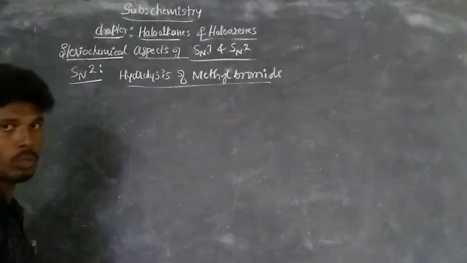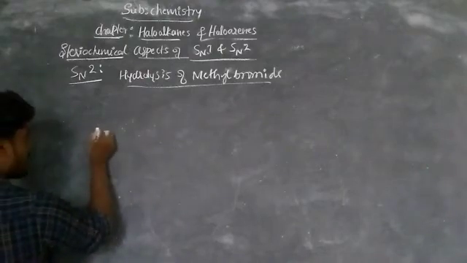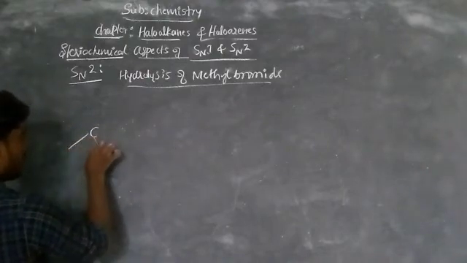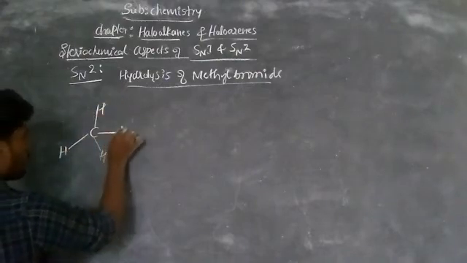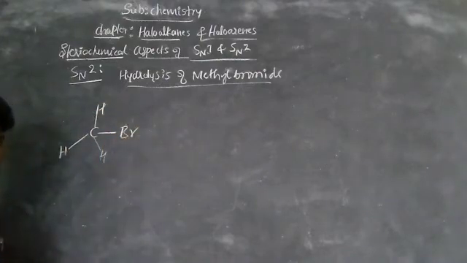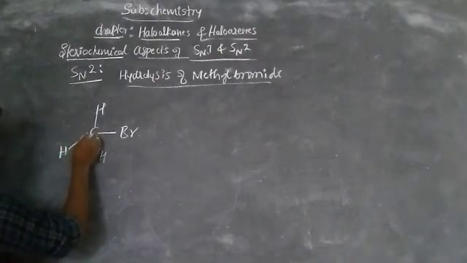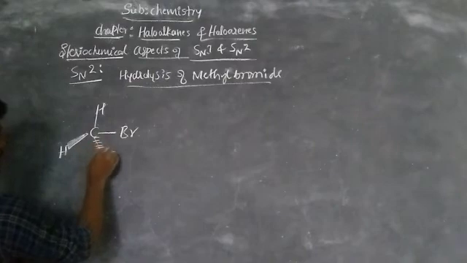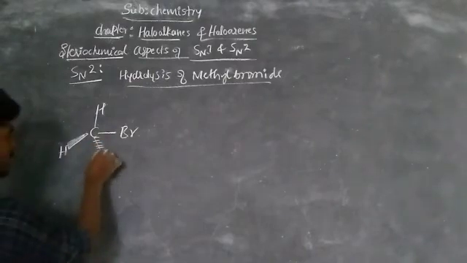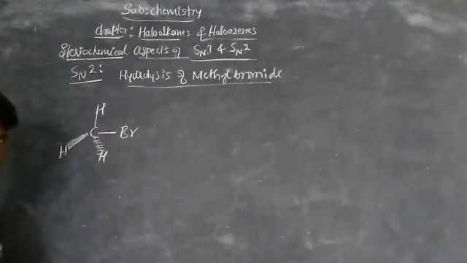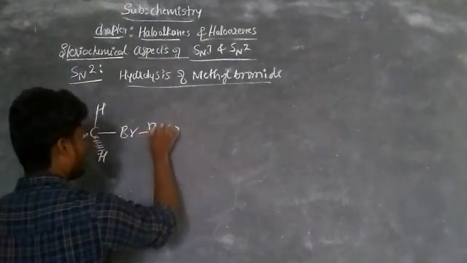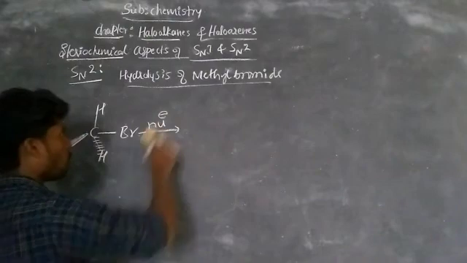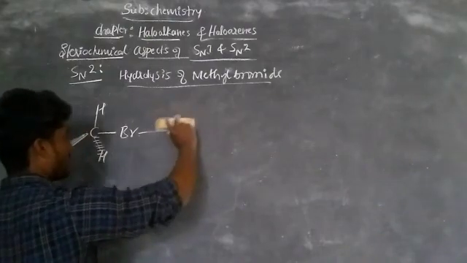Now take methyl bromide, CH3Br, with H and H and bromide. Write one above the plane, one below the plane and one on the plane. Now the nucleophile will attack. Here the nucleophile is OH minus.